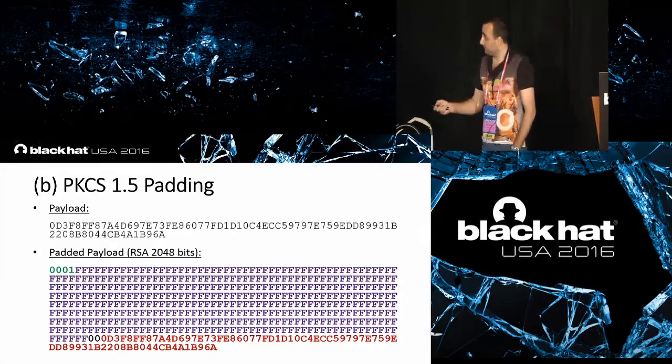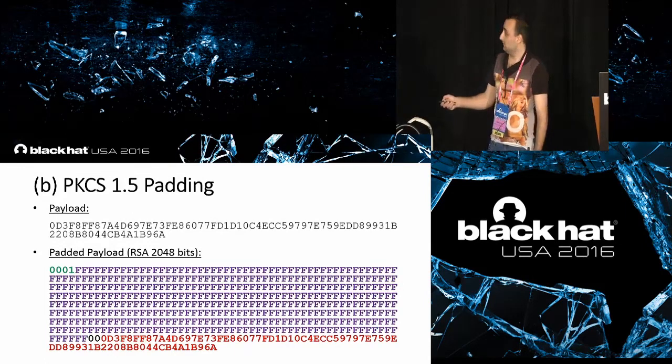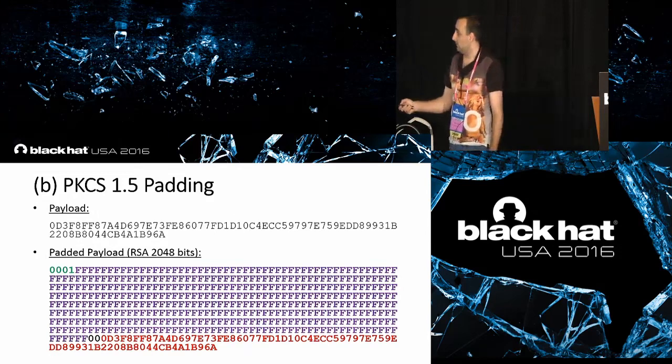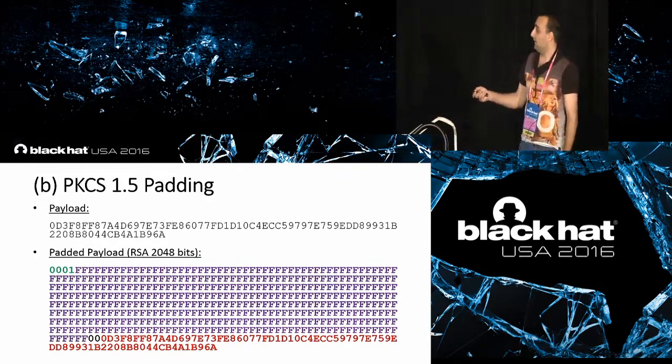As you can see, the green bytes 0001 are always prepended to the padding bytes. And 00, the black byte, is always appended at the end. And in the middle, there is a more or less long series of FF bytes that are basically the padding.